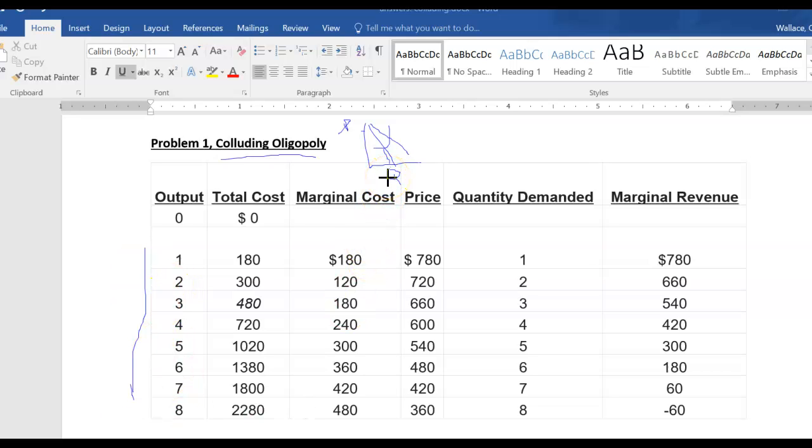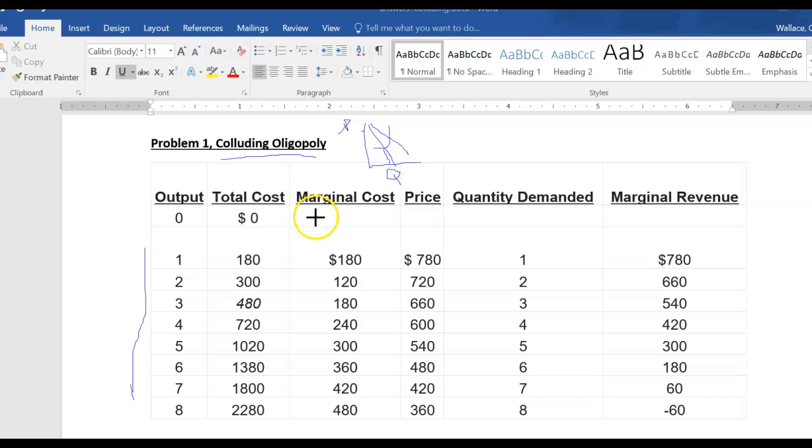Okay, so we have this chart. We don't necessarily know the best quantity for this firm to produce unless we can figure out the profit maximizing quantity. We're also given information about total cost, right? And we're given price. And we're also given quantity demanded. So we can work through to try to figure out the marginal cost.